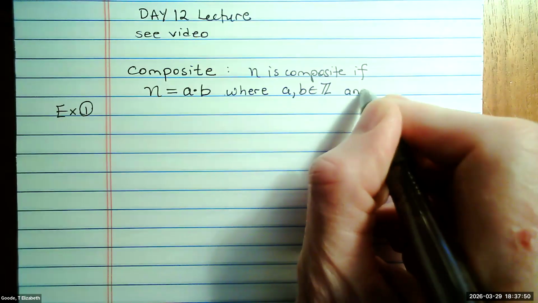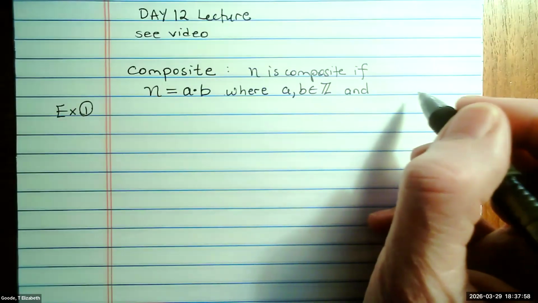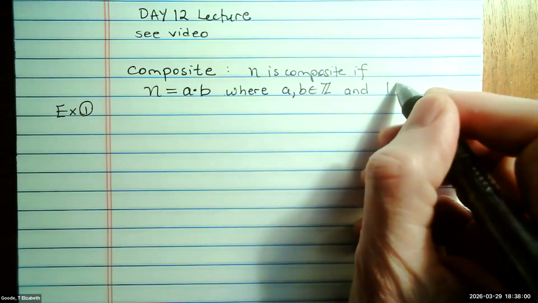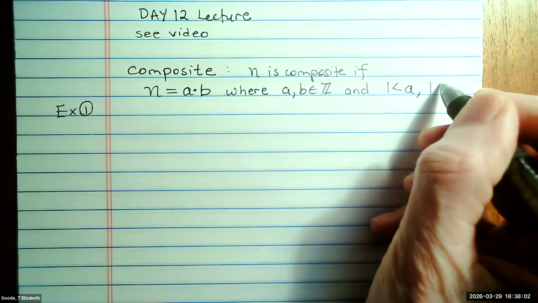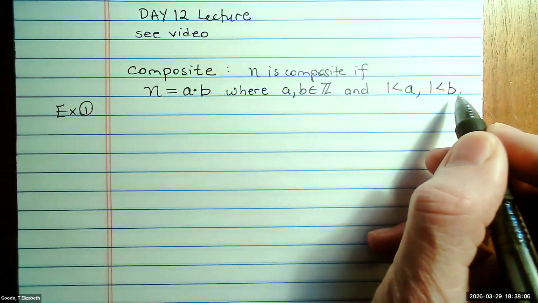They're integers. Good. And what else? A is smaller than 1 and B is bigger than 1. I think you want to say they're both larger than 1, or 1 is less than both of those. You want them both to be bigger than 1.